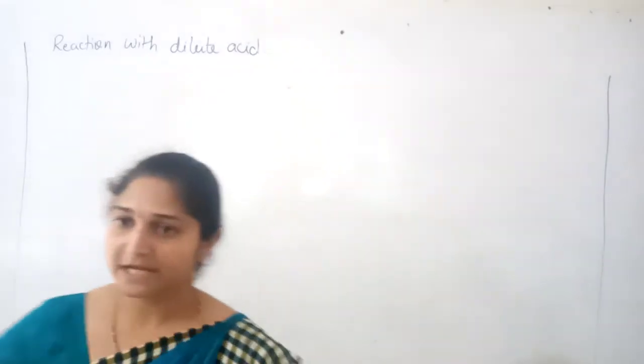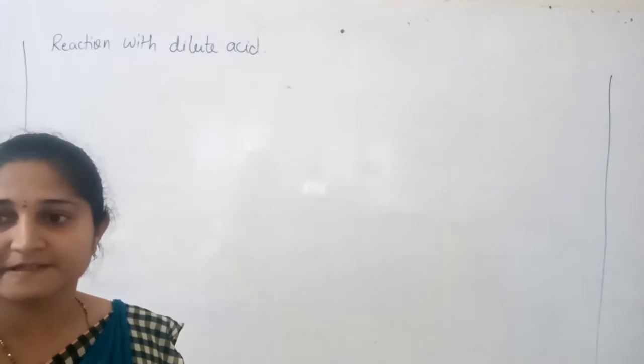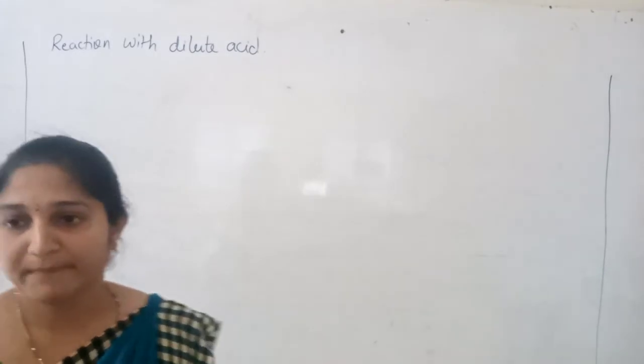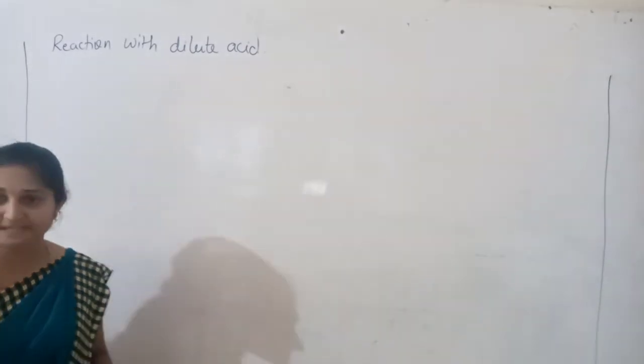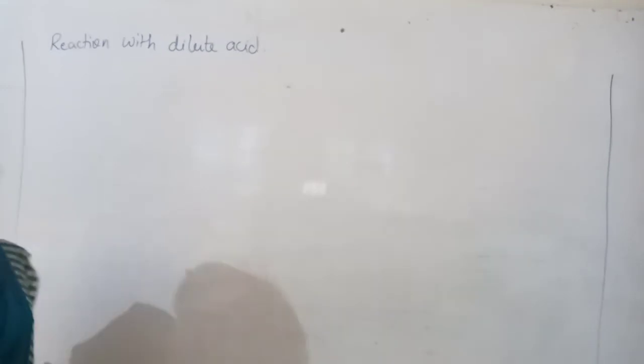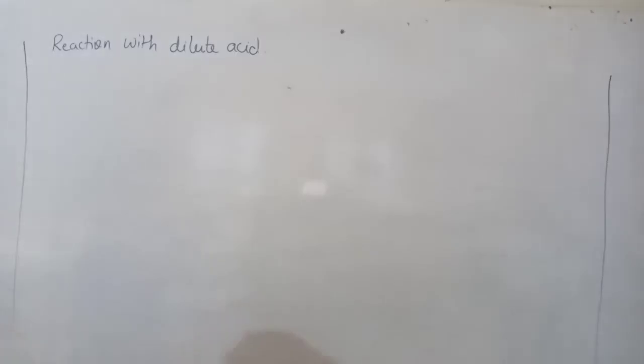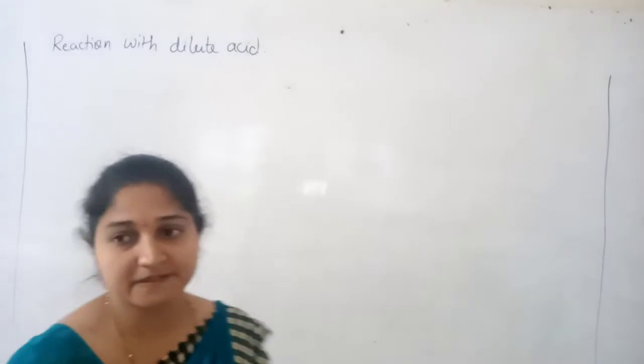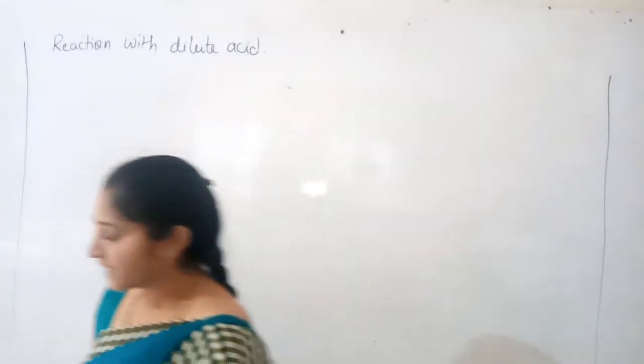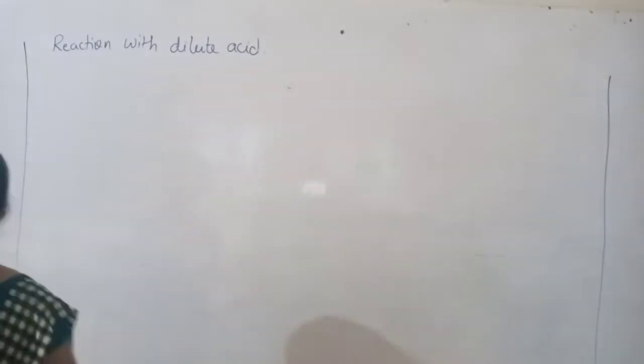Reaction with dilute acid. We discussed when metals react with the dilute acid, what they are going to form. They are going to form their salt, and hydrogen is going to liberate.